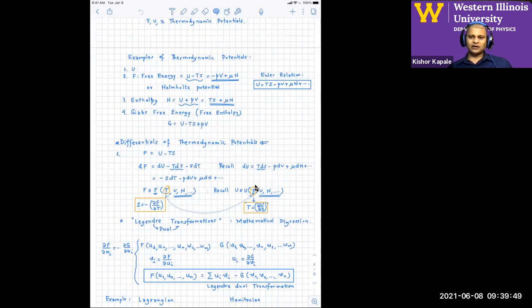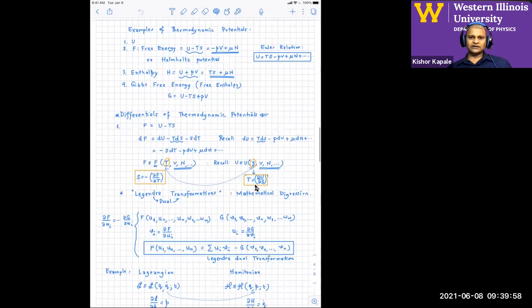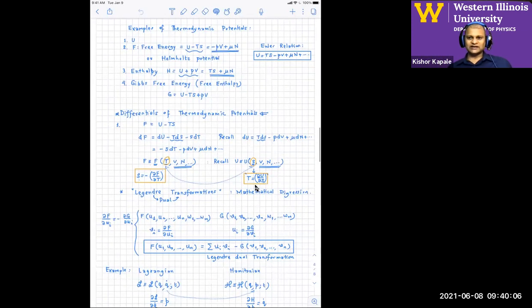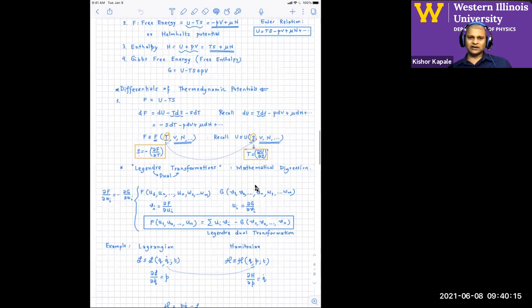In fact, depending on the ensemble that we use, the three names that I provided on the first day, the microcanonical, canonical, and grand canonical, they have their own conditions, but they have their own natural potentials as well. If you're doing, for example, the grand canonical treatment of a certain thermodynamic system, you are going to get Gibbs free energy as your natural potential.